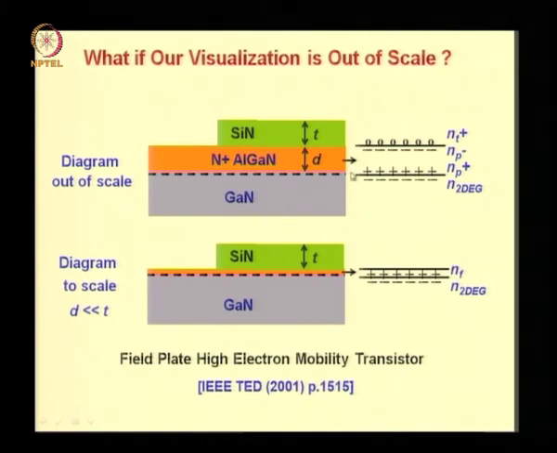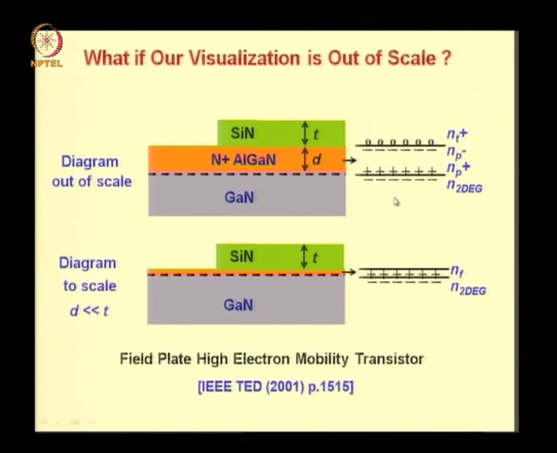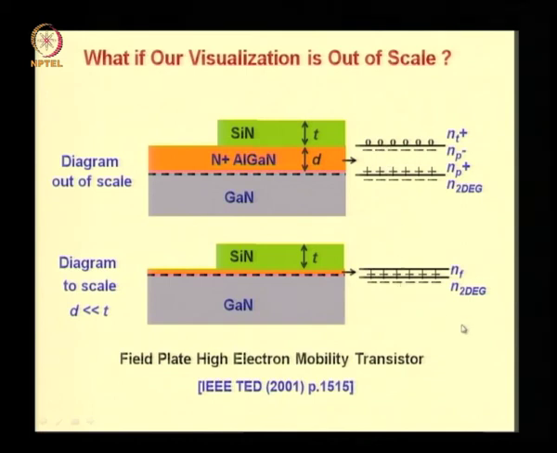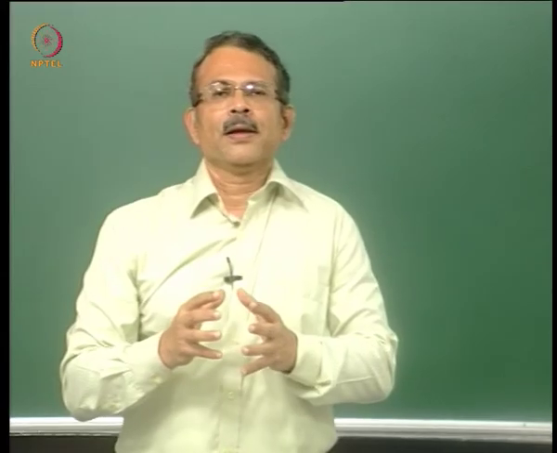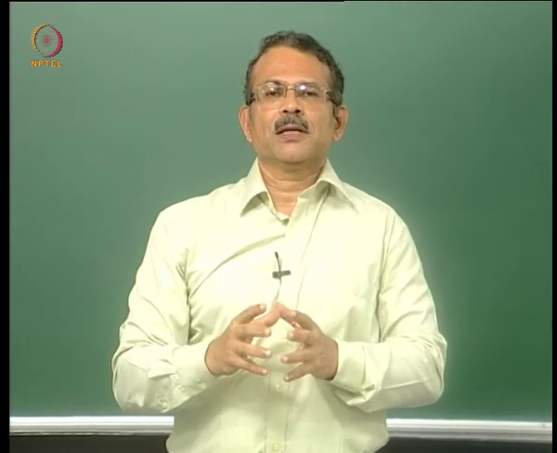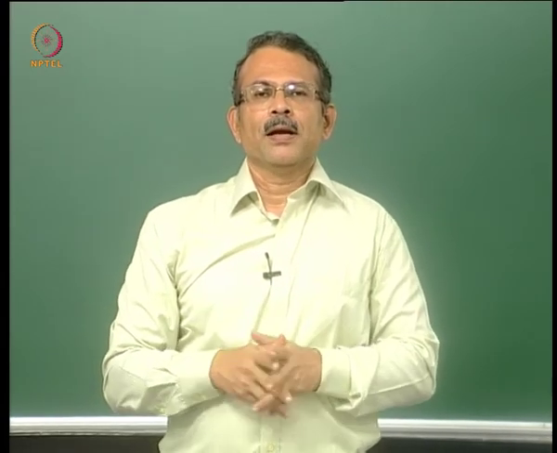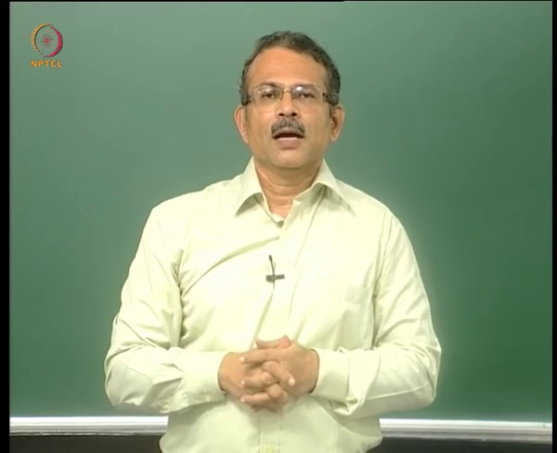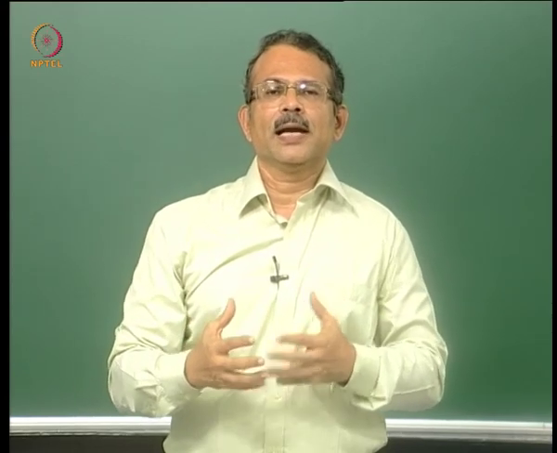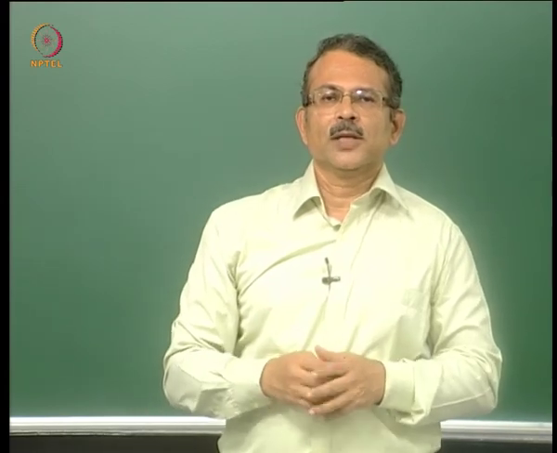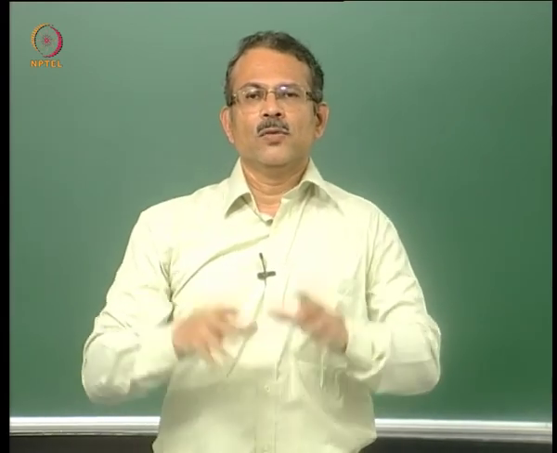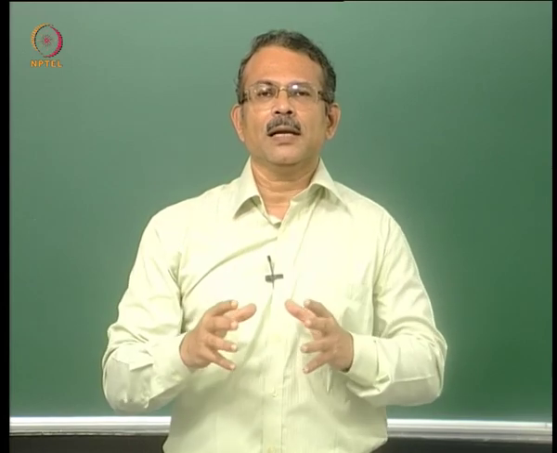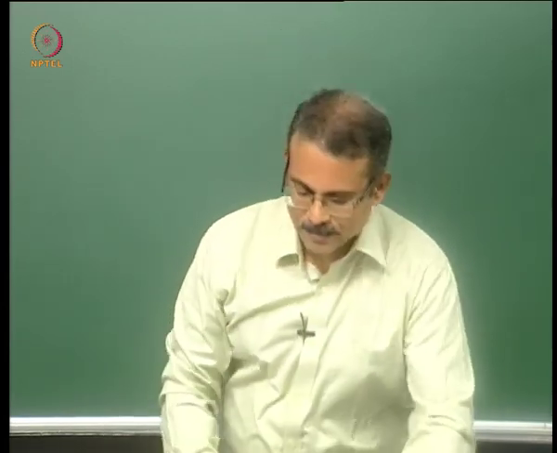So this more involved charge distribution can be approximated by the simple charge distribution if you visualize the diagram to scale, because the separation between the charges is not really important when visualized to scale. This simplification of the charge picture in aluminum gallium nitride is responsible for considerable simplification in the modeling and simulation of this device. So here is a practical example where visualization of device structure to scale simplifies modeling.